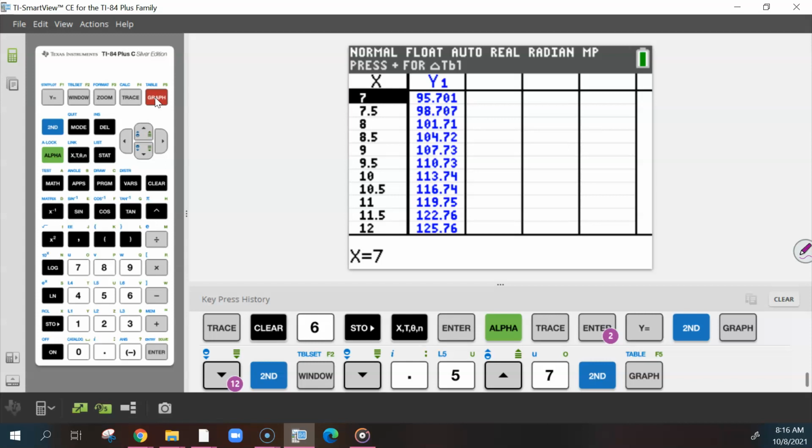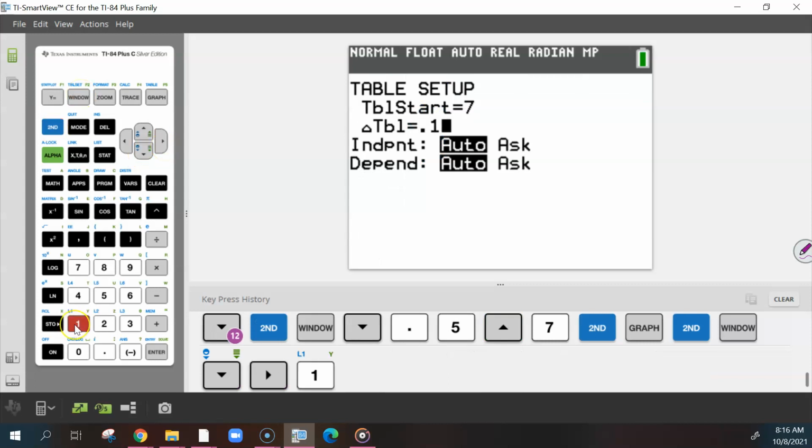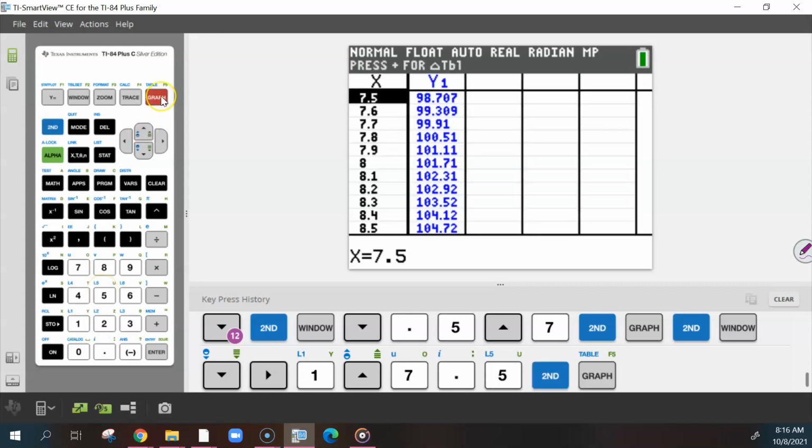Not really. It's closer, but I still see it's between 7.5 and 8. I could change it again. Let's say I want to look at every tenth, and I'm going to start at 7.5. Now I see that at 7.8 hours, I would get over 100. So you could find that on your table as well.